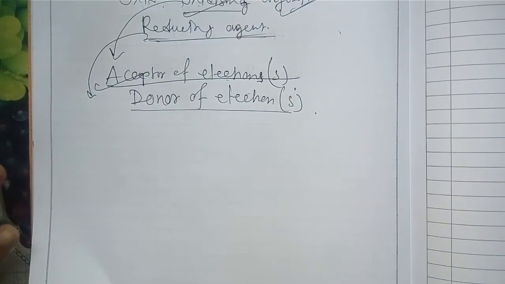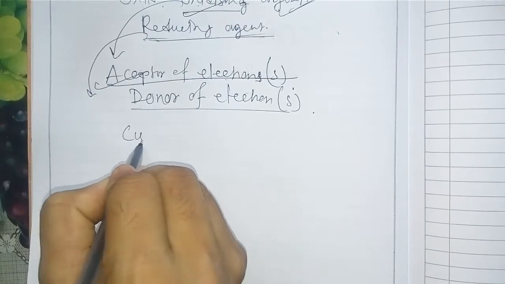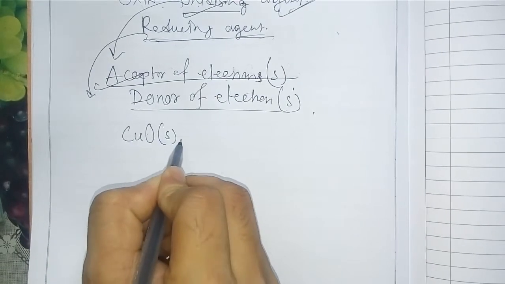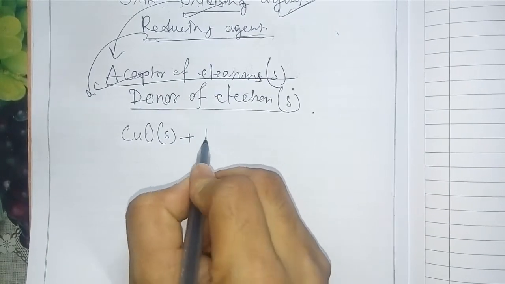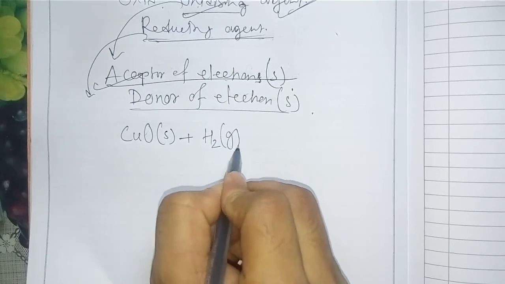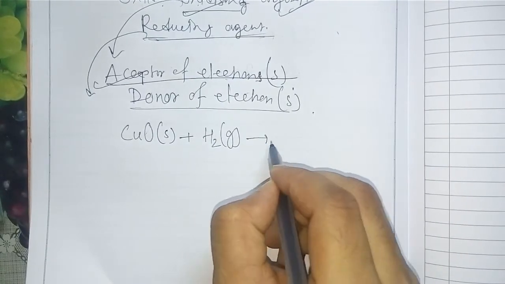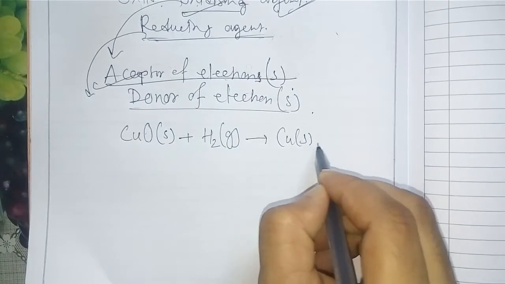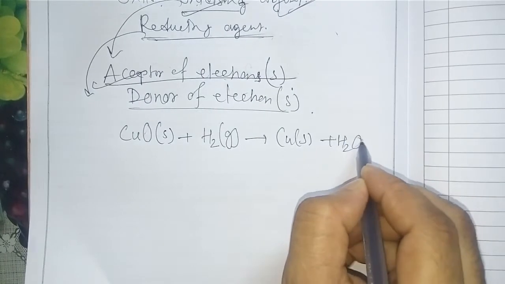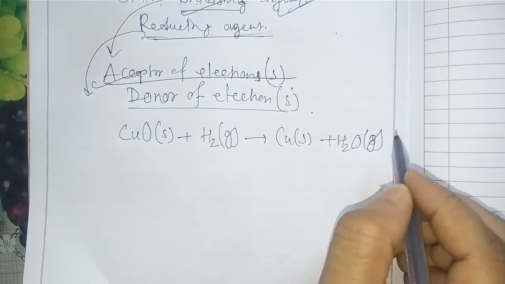First of all, see this example: CuO, solid, plus hydrogen, gaseous, to form Cu plus water, gaseous.